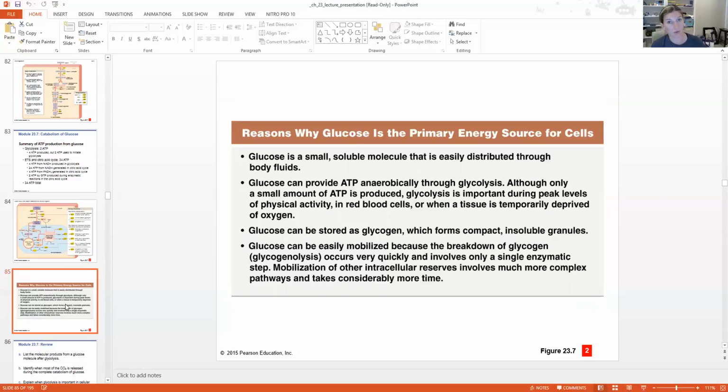Glucose can actually be stored as glycogen, so it's nicely packed away in times of non-energy expenditure, and it can be easily mobilized by breaking down that glycogen through glycogenolysis.